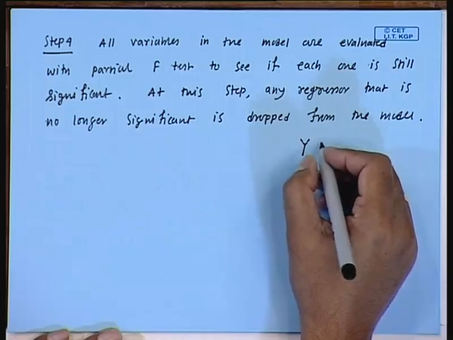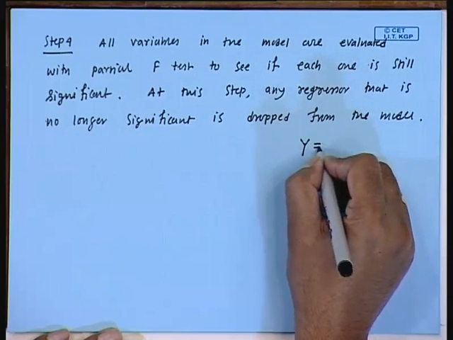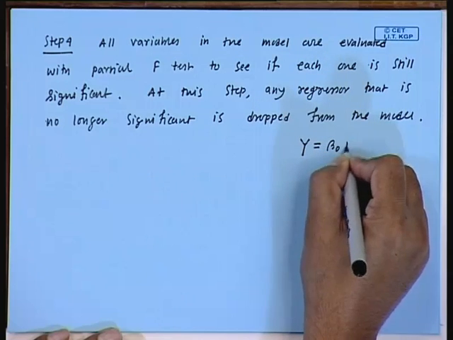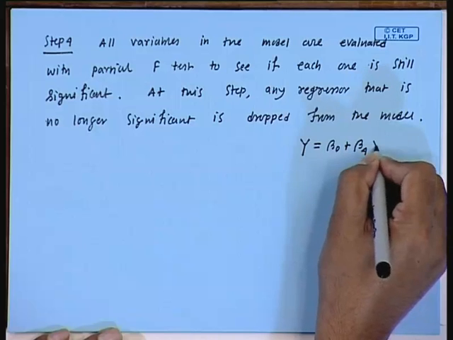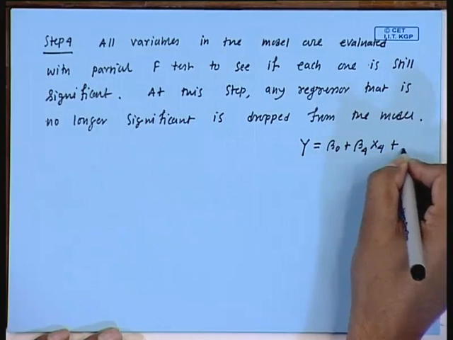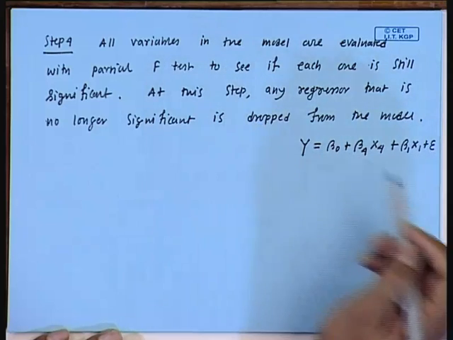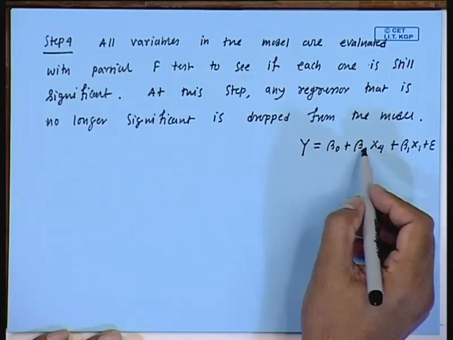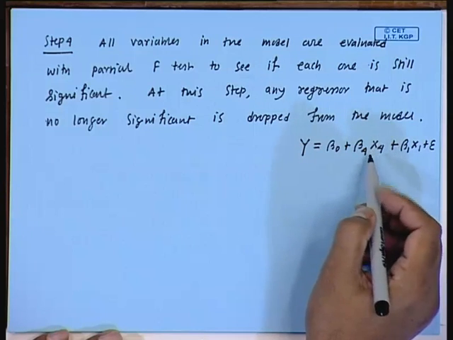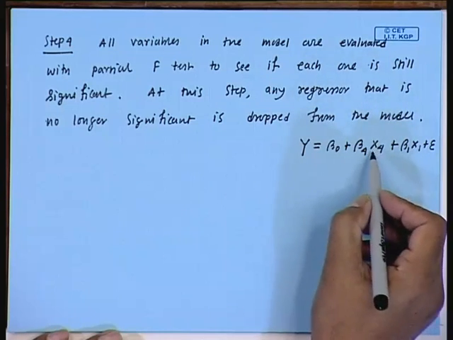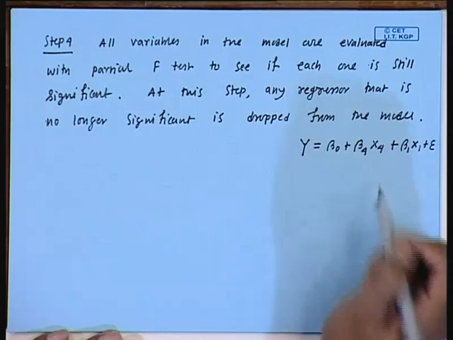So the model is y equal to beta naught plus beta 4 x4, the first inclusion, and then we added beta 1 x1. x4 was significant alone when we considered the one regressor model.